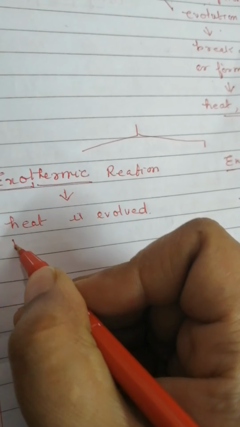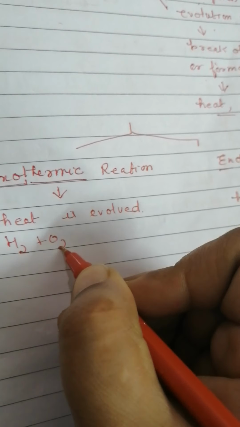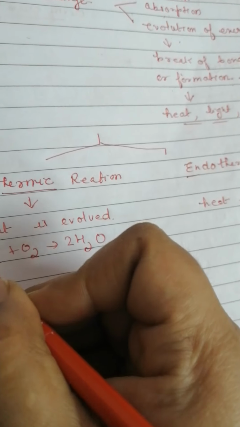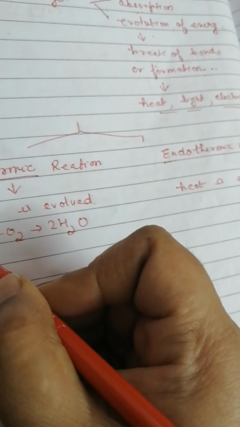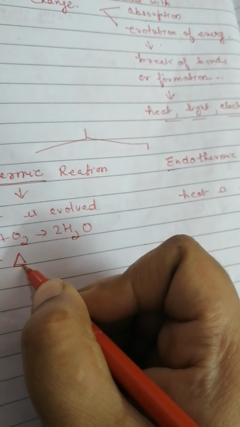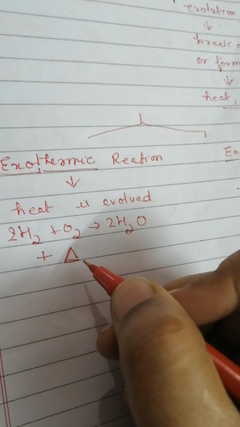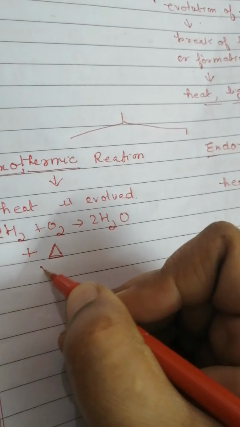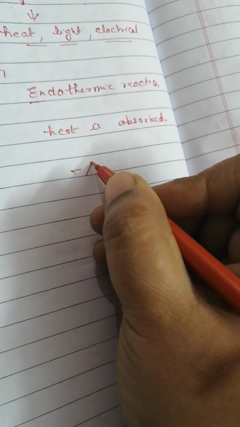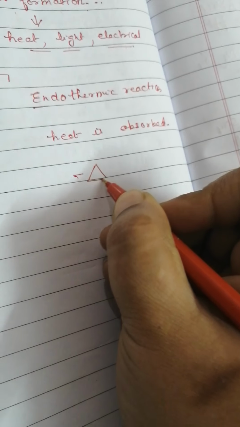A very common example of the exothermic reaction: when hydrogen burns in the presence of oxygen, you get water, H2O. It is a highly exothermic reaction and it is represented by plus delta. That is, this kind of triangle is shown and a plus sign is there, so it shows the evolution of heat energy, and the absorption is shown with minus delta.